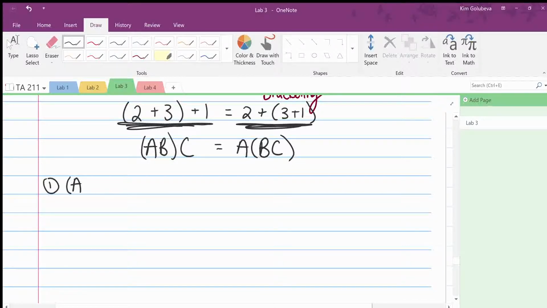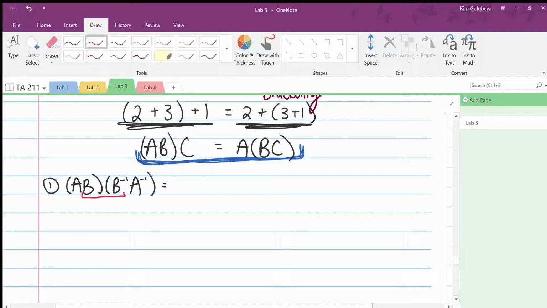So we have AB, our first case, times B inverse A inverse. What we want to do is somehow get this to be the identity. So let's take a look, keeping in mind what we just talked about so that we can re-bracket stuff to get what we want. We notice that we have a B and a B inverse that are right beside each other. The only thing holding us back is these brackets here.